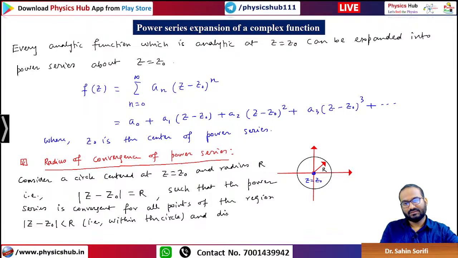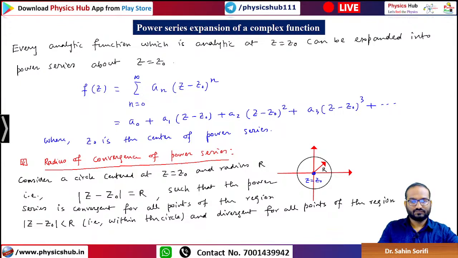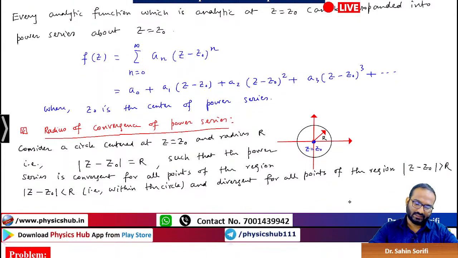And divergent for all points of the region, let us say |z minus z0| greater than r, outside the circle.